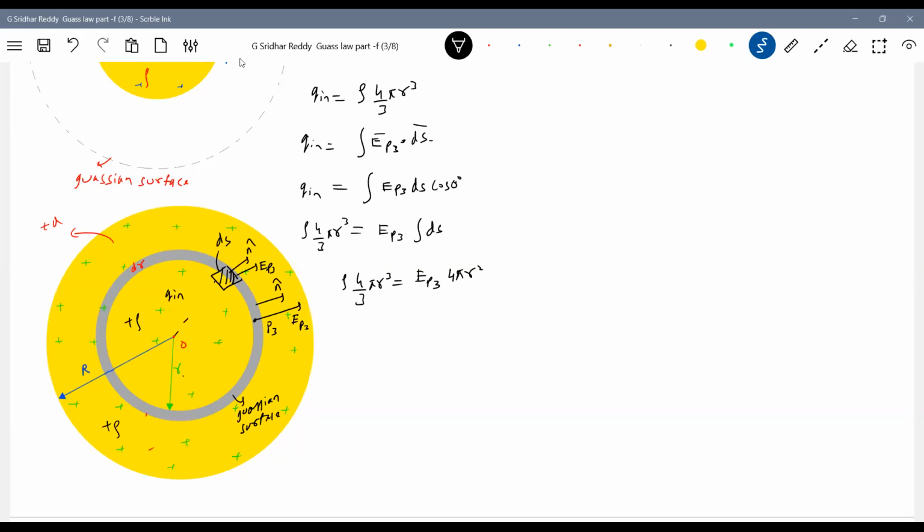So r gets cancelled, and 4 pi gets cancelled. So this will become rho times 4 by 3 pi r cube.